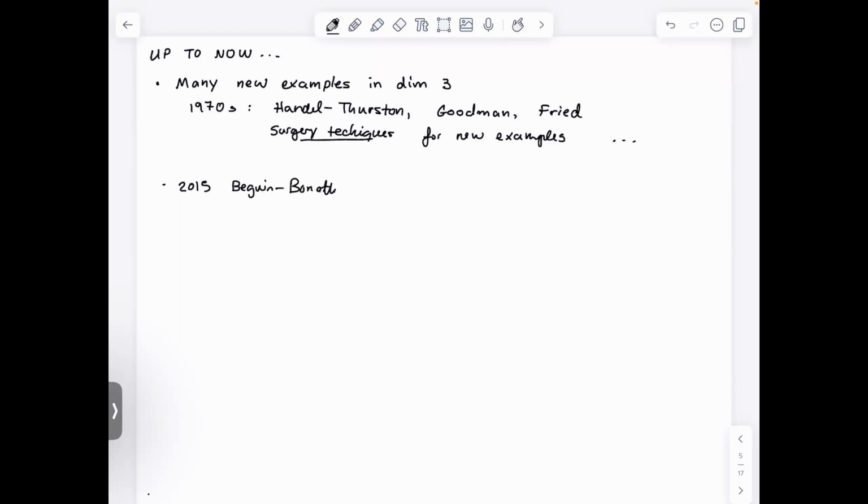In 2015, Bonatti and Hu showed the following theorem: for any number m, 100,000 say, there exists a compact three-manifold with at least m pairwise non-orbit equivalent Anosov flows on it.